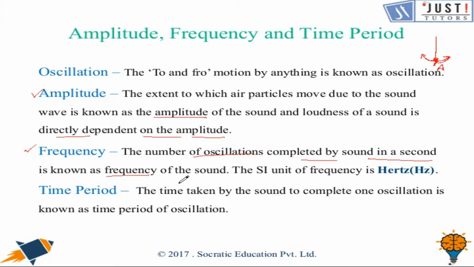Means in 1 second how many oscillations have been completed by the sound wave is known as frequency, and its SI unit is hertz, written as Hz. Then the time period. Time taken by the sound to complete one oscillation is known as the time period of oscillation.